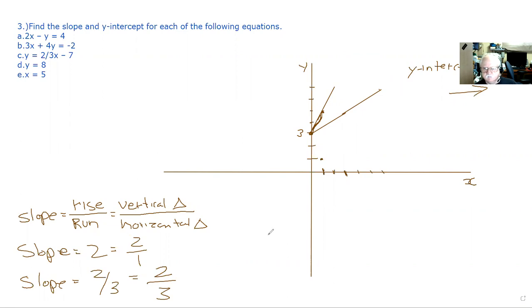So, having looked at that, let's actually look at one of these equations.